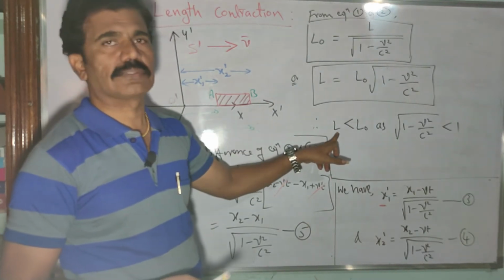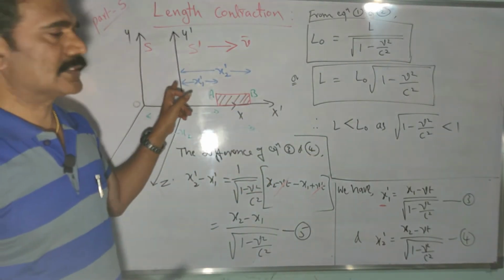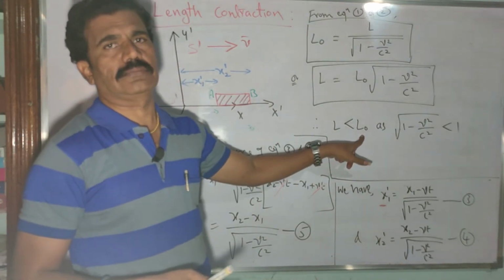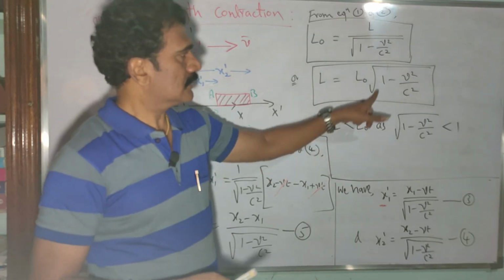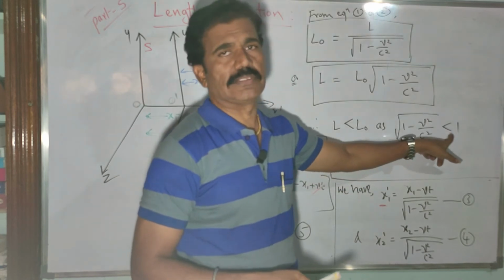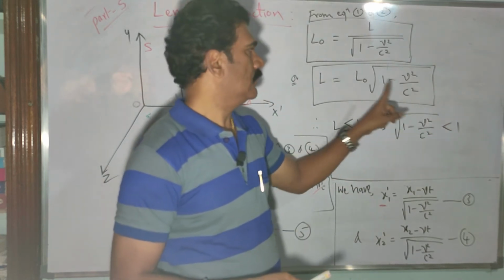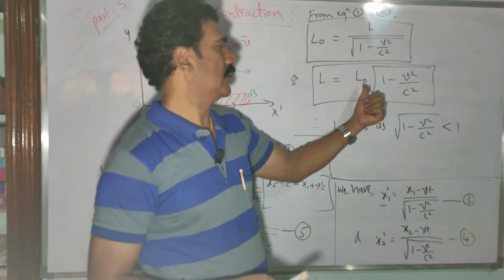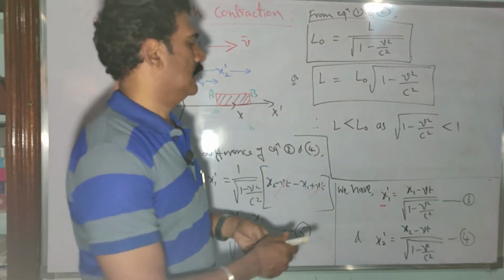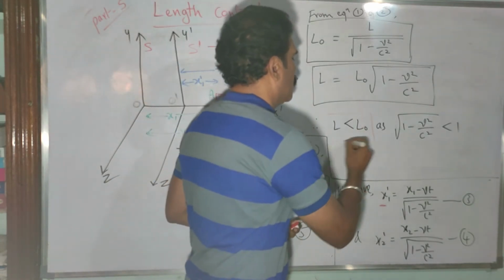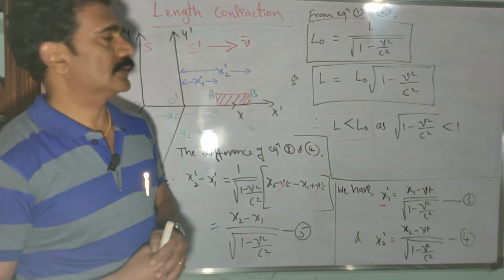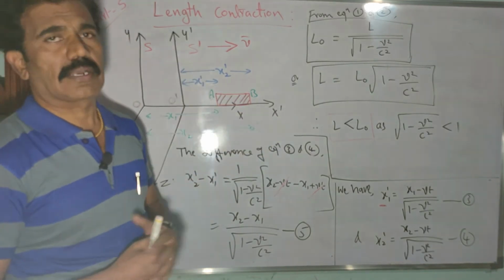The observed length with respect to the observer in frame S is always found to be less than its actual length L0, as the multiplier square root of 1 minus v square by c square is always less than 1. It is a fractional quantity. So if you multiply a fractional quantity with L0, you will always get a smaller L. The measured length L is always smaller than L0. So the observed length is always shorter than the actual length. That is why we call it length contraction.